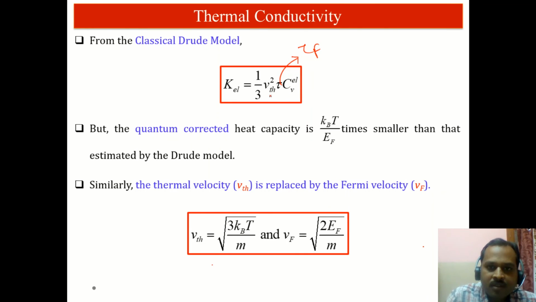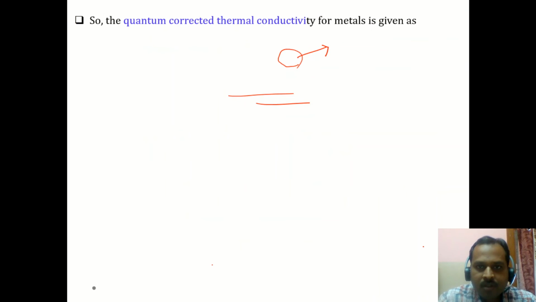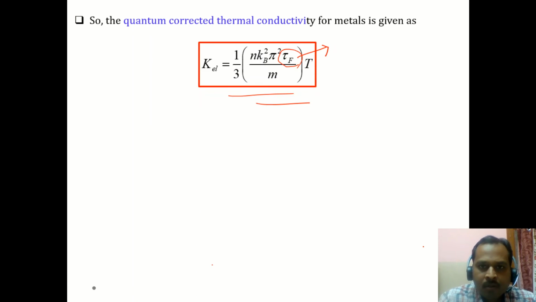So we are replacing VTH with VF, tau with tau f, and heat capacity with the newly obtained quantum corrected heat capacity, that is pi square by 2 NkB times kBT by EF, to obtain the modified expression for the thermal conductivity, which is quantum mechanically corrected, or you can call it the quantum corrected thermal conductivity.